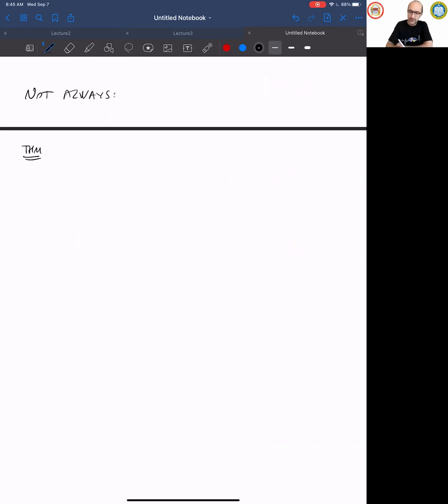That's good news. So the theorem, you take P to be a polytope, and a polytope is like a polyhedron in high dimensions, in Rn, like a prism or whatever.